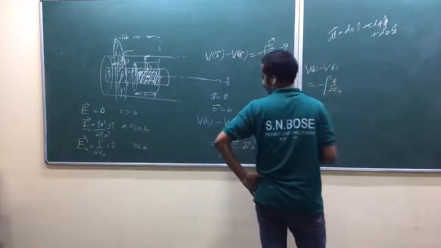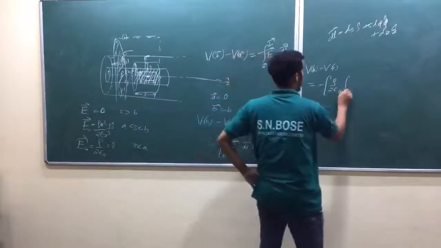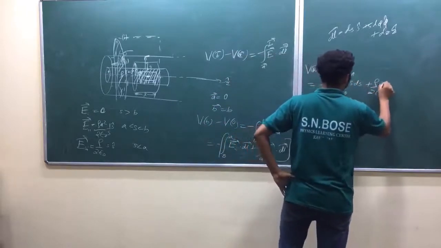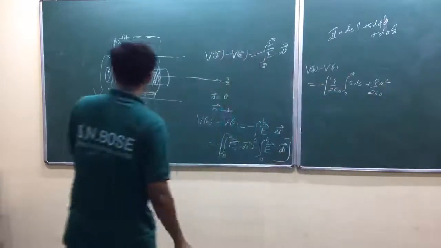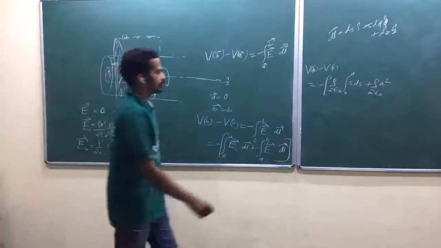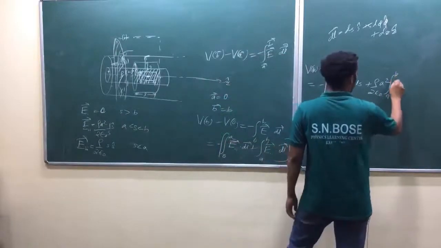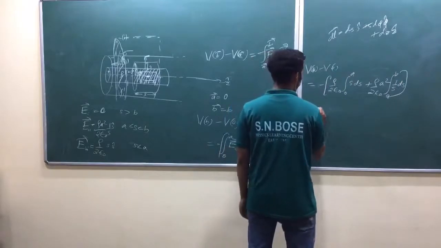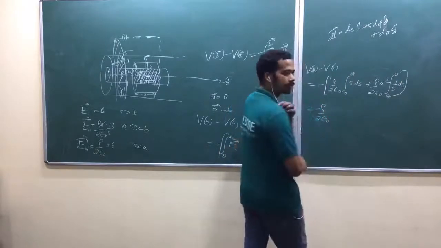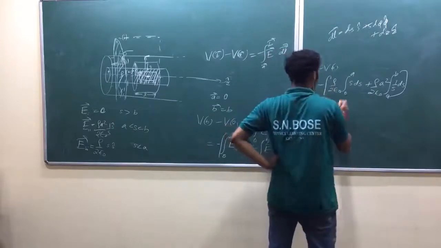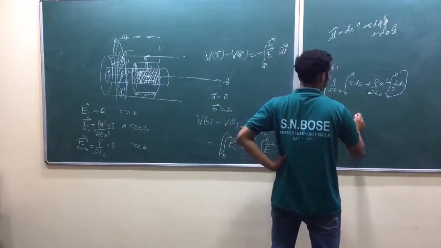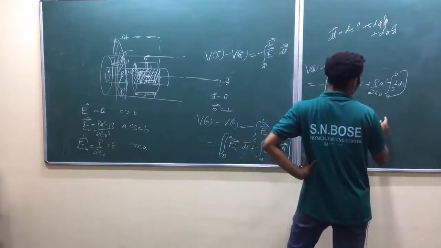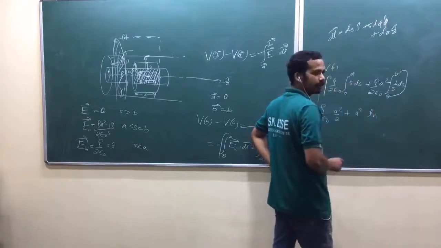Rho by 2 epsilon naught, S ds. 0 to a s ds, check it out, plus rho by 2 epsilon naught a square, second region, 1 by s, a to b, 1 by s ds, check it out, minus rho by 2 epsilon naught, let me take out, okay, a square by 2, plus a square into log b minus log a.